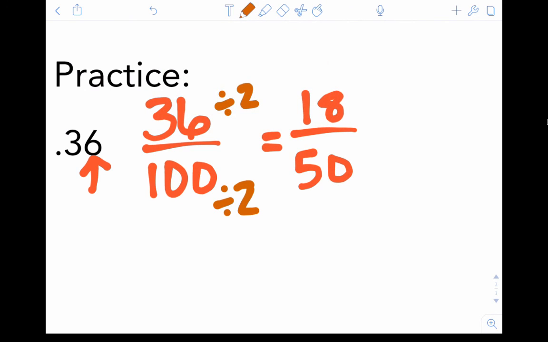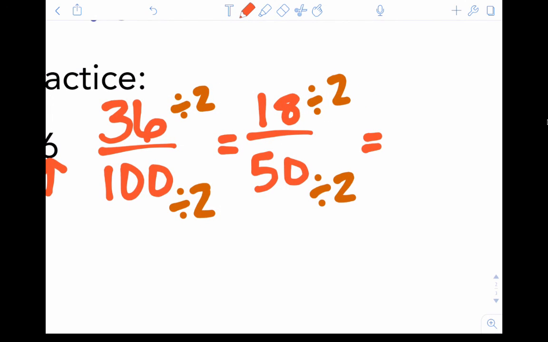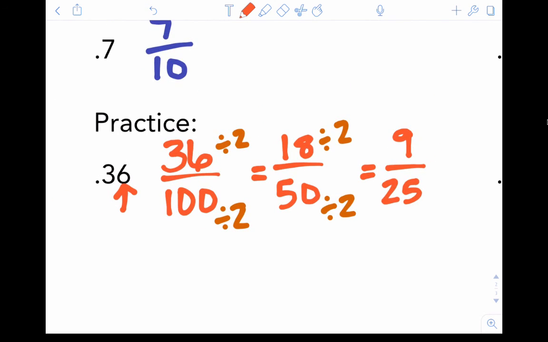At this point, I can divide those numbers by 2 again since they're both even still. 18 divided by 2 is 9. 50 divided by 2 is 25. 9 over 25 is as simplified as that can get, so that is my final answer. If I would have originally divided by 4, I would have skipped this middle step and gotten straight to my answer.